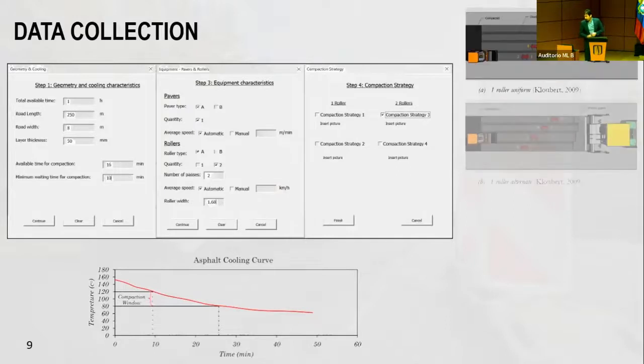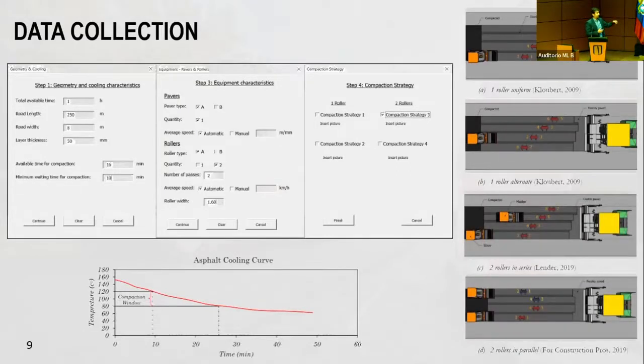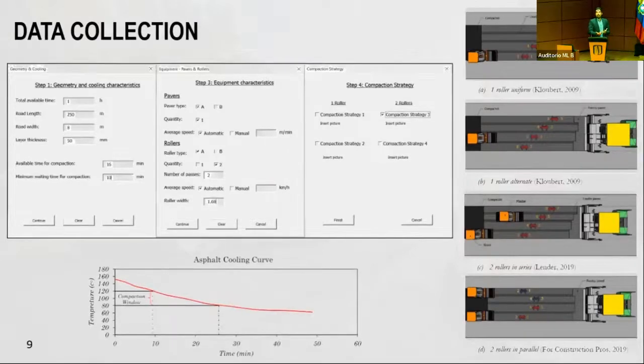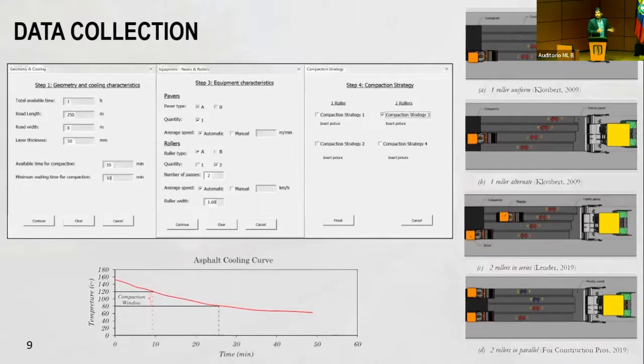And then, just for the sake of argument, we came up with 4 different compaction strategies, or basically how these different rollers could collaborate and cooperatively perform the compaction. That's also quite interesting. We've been trying to find a kind of formal definition of these compaction strategies. Doesn't exist.